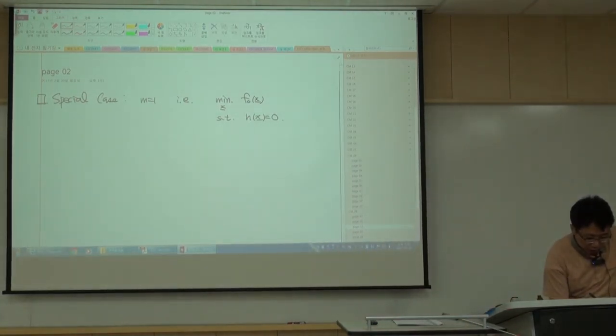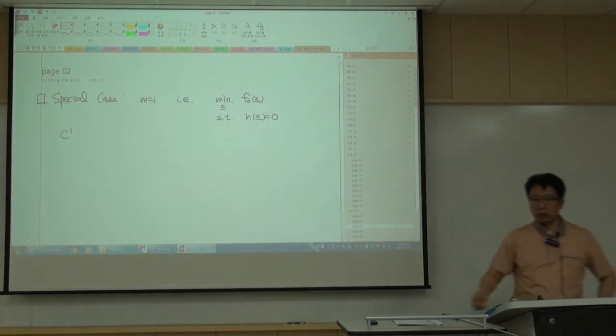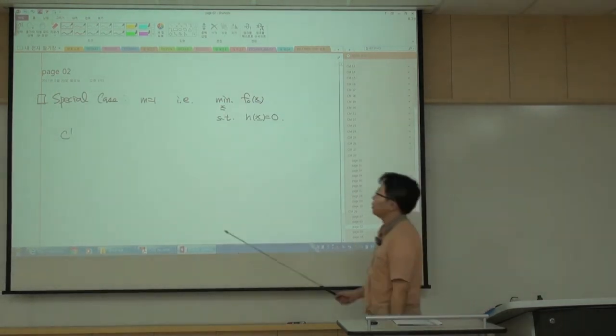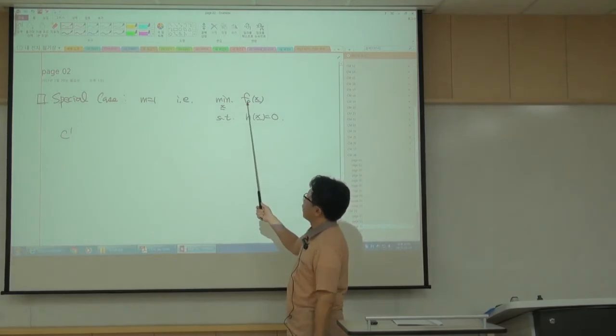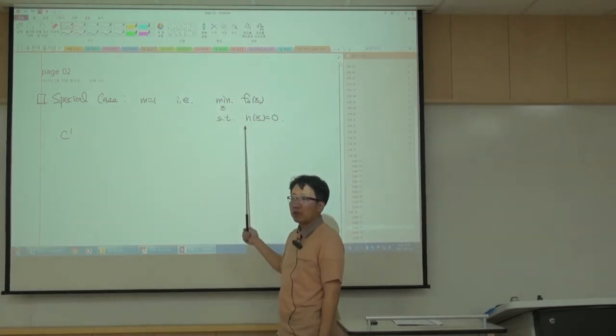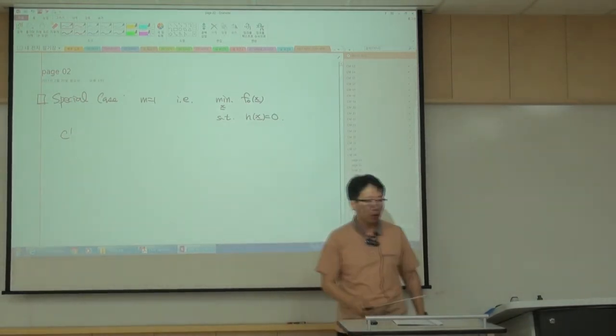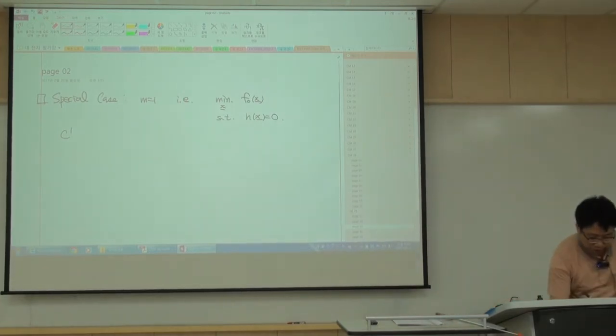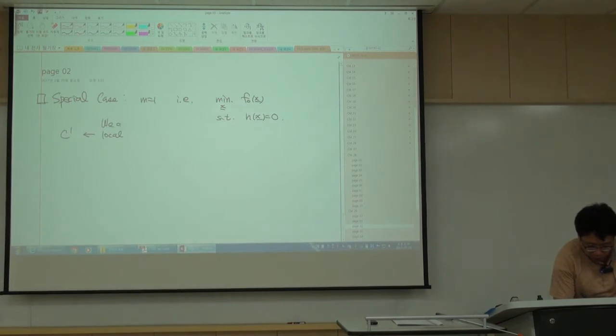Now, whenever we see continuously differentiable f0 or h, we are interested in local property.